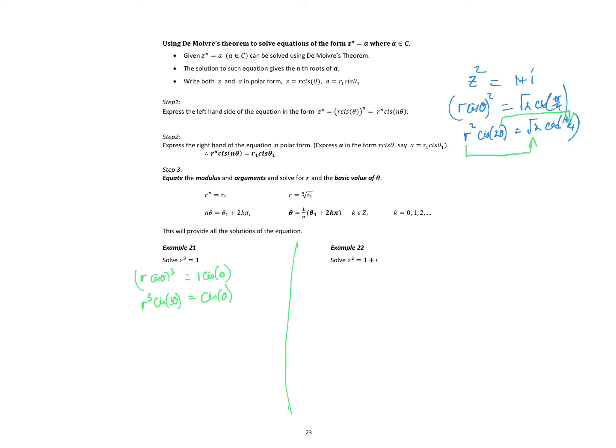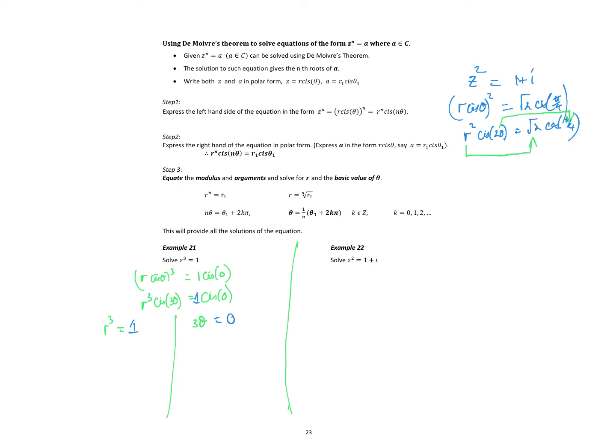So now we equate expressions. r cubed has to equal, well, the number in front of cis theta is 1, so r cubed has to equal 1. And the angles have to be the same.